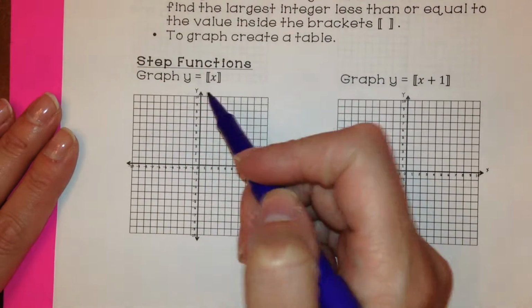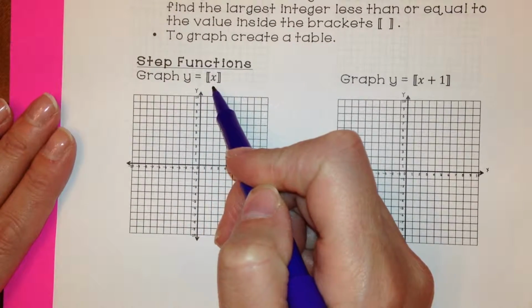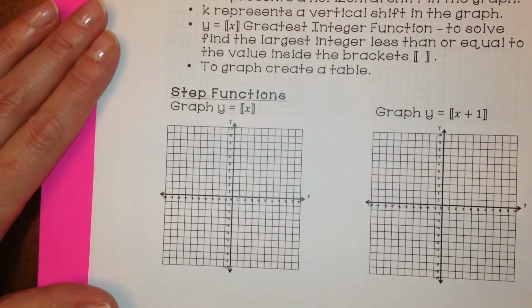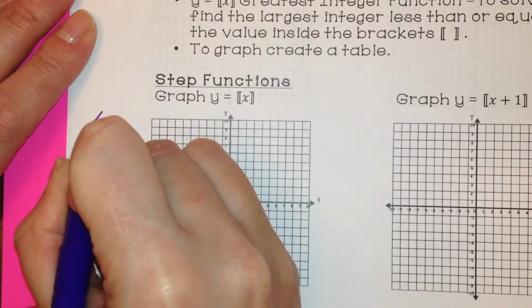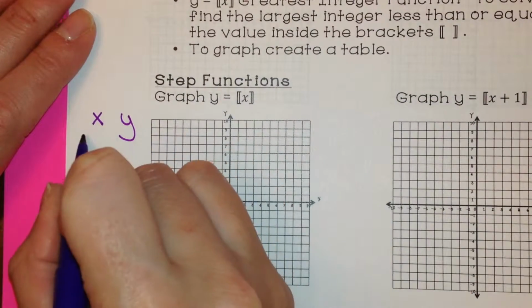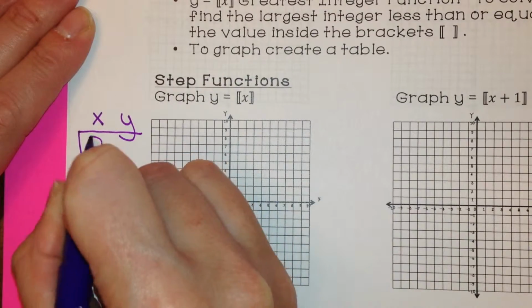Okay, so the first one, let's just do the parent function, y equals the greatest integer of x. So I'm going to create a table where I'm going to plug in some x values and get y values out. Okay, I'm going to start at 0.